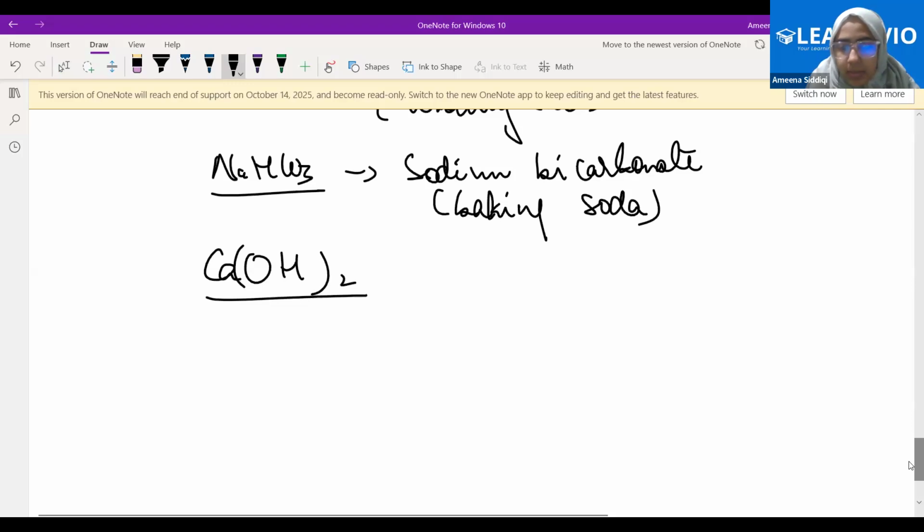That means how many elements here? Three, in one molecule we have three elements. Number of atoms of each element in one molecule? One for calcium, two for oxygen, two for hydrogen. Excellent.